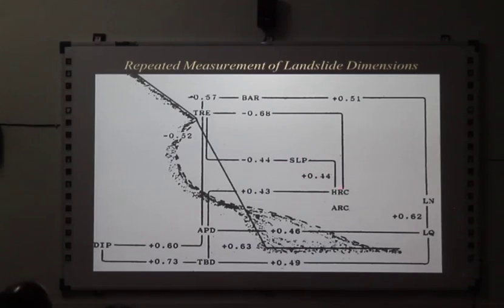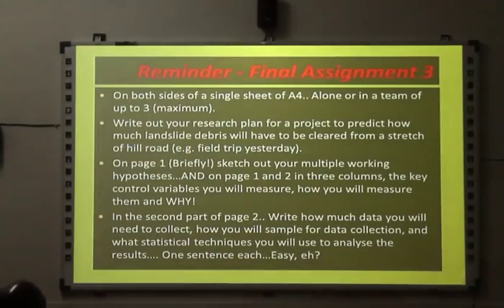It correlates, of course, with the height of the road cut and also with the tree cover, but doesn't make a nice correlation with volume in this particular case study. I think it's from my early studies on the Surrey Road. But that's the kind of information you get by using the method of correlation, which again we've been talking about already. Okay, so this is a reminder of assignment 3.